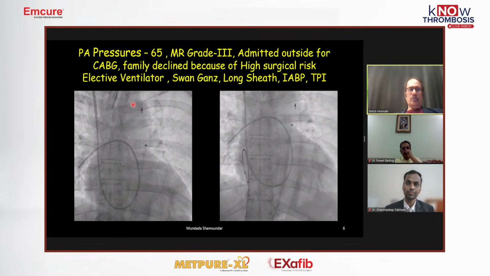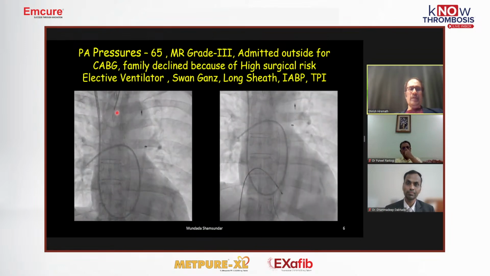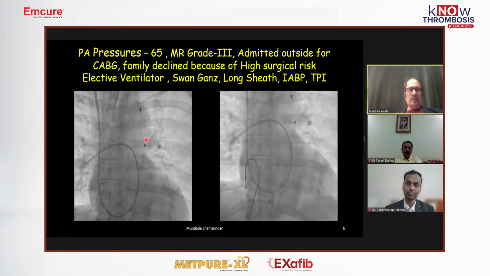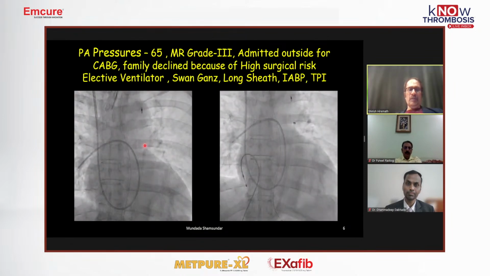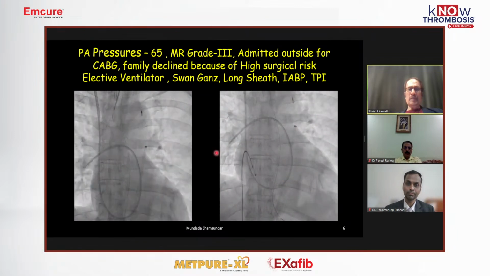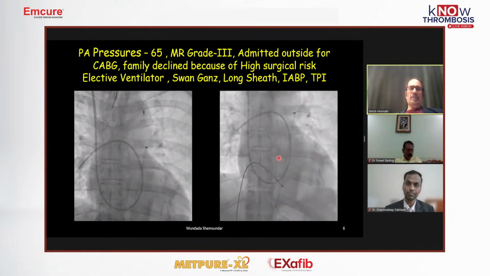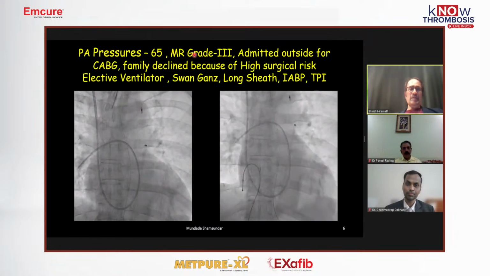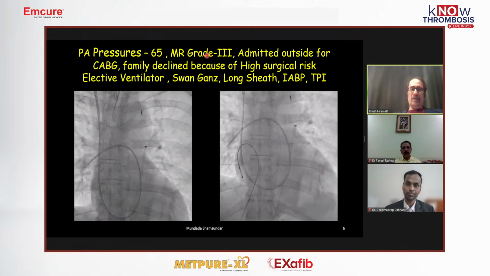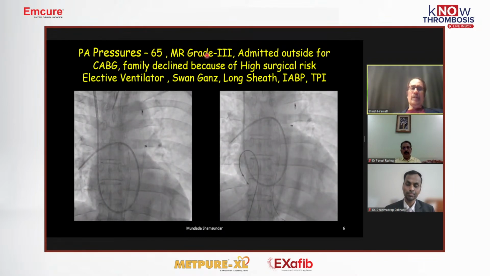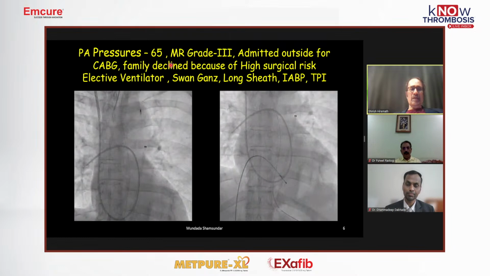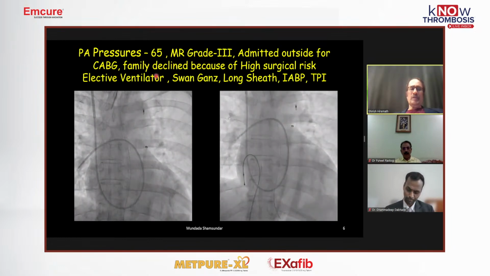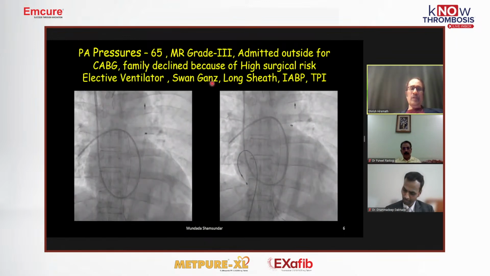You can see the tube here, and we got a long sheath, 55 centimeters, 7 French. We had a balloon pump, and the PA pressures were 65. As I mentioned, the mitral regurg was grade 3. And the family actually declined surgery because of high surgical risk. The patient is on elective ventilator, Swan-Ganz catheter, long sheath.